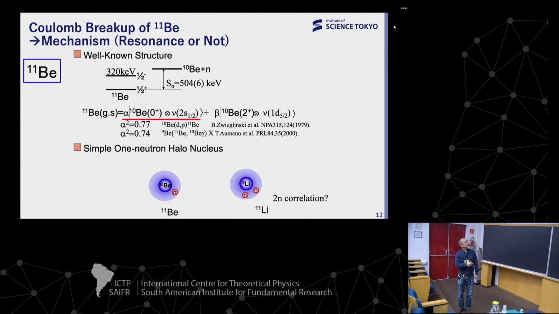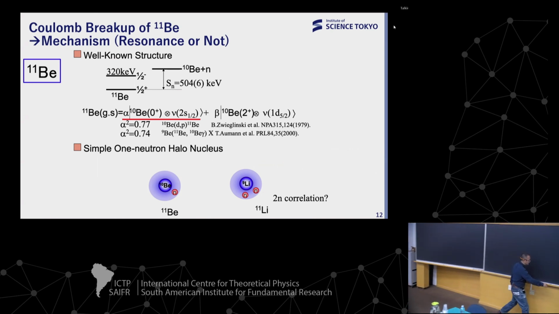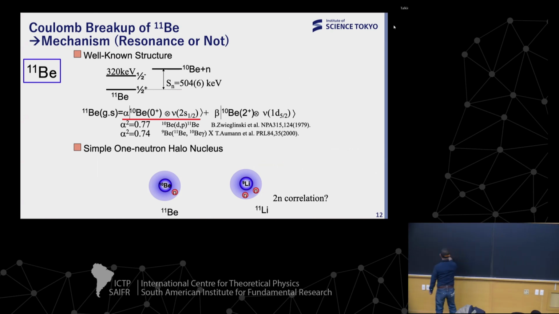This was a very interesting case because in beryllium-11 we have 7 neutrons, right? So 7 neutrons means that usually it should be in p1/2 neutron, right? The 7th neutron. Maybe you are a theoretician, so you know these things very well.